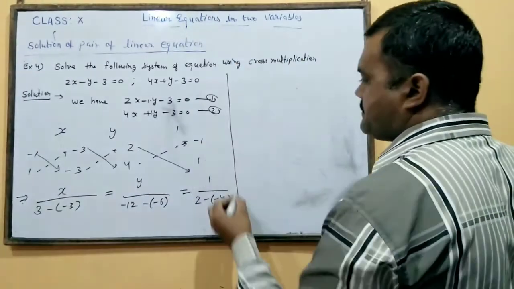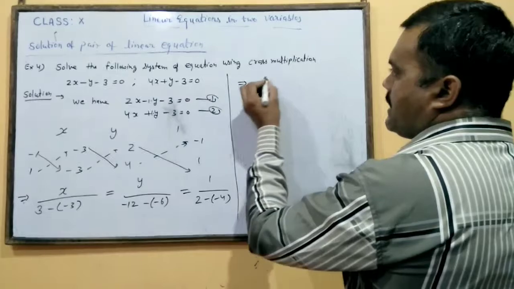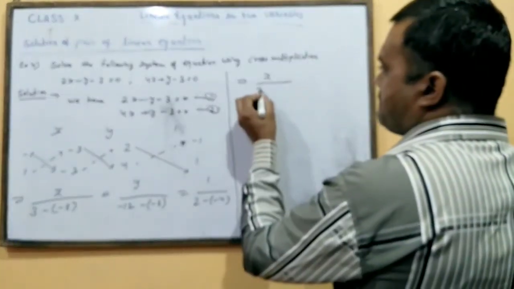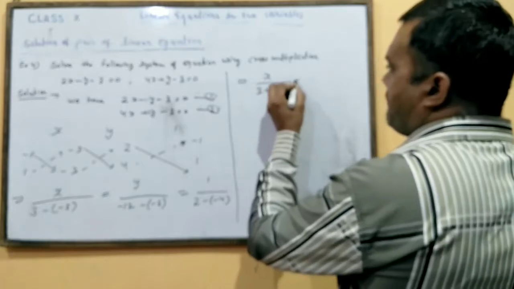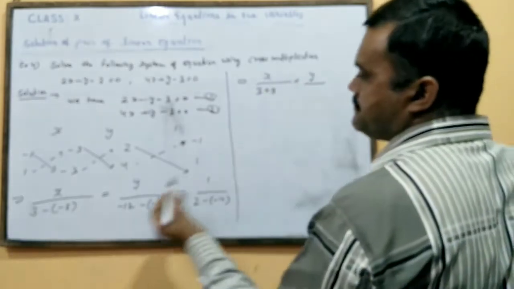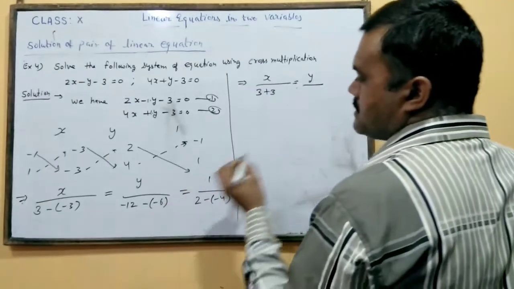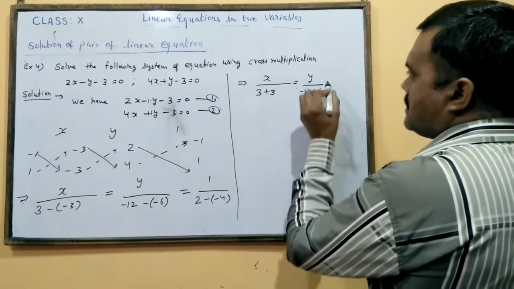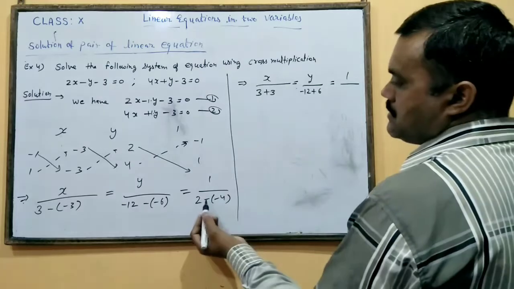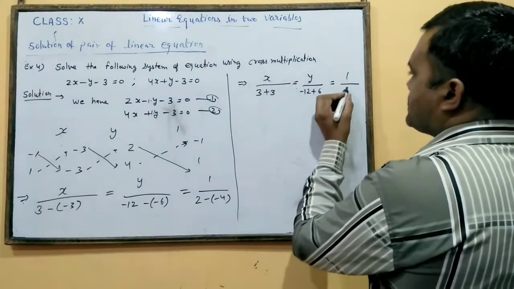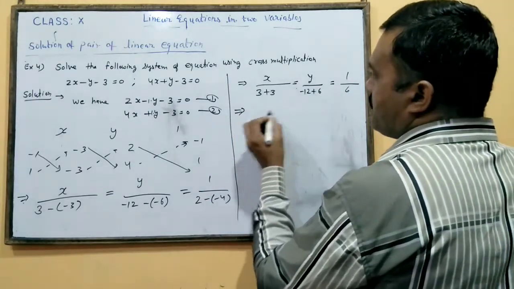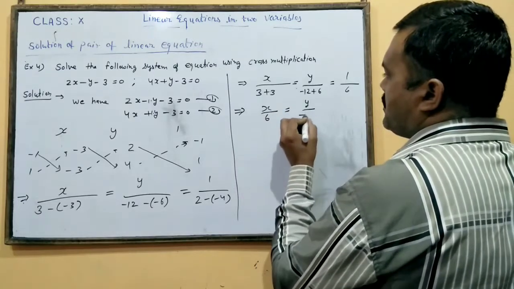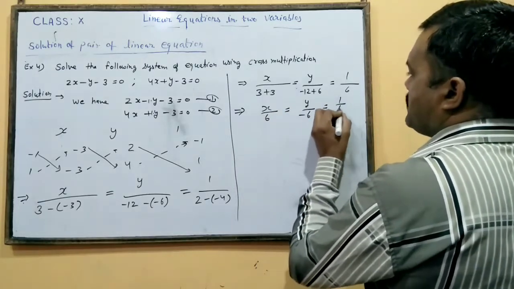Let us write it here. So we have x upon 3 plus 3 is y upon 12 plus 6 minus 12 plus 6 and is equal to 1 upon plus 4 plus 2. So I have x upon 6 is equal to y upon minus 6 is equal to 1 upon 6.